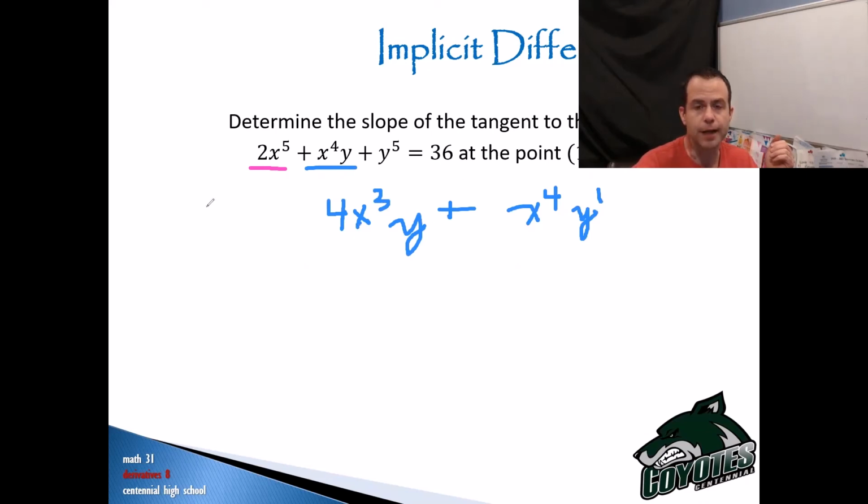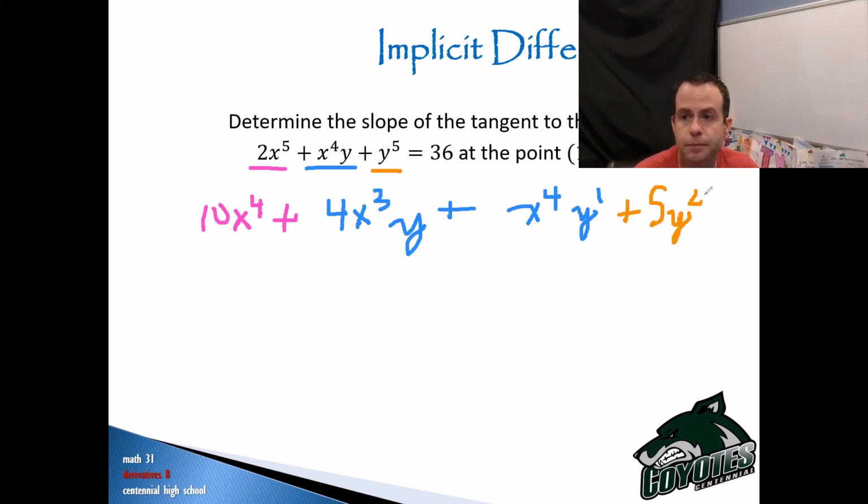So at the front, I would have 10x to the 4, plus the product rule part, and then that last guy would be 5y to the 4 times the derivative of y, equals 0.